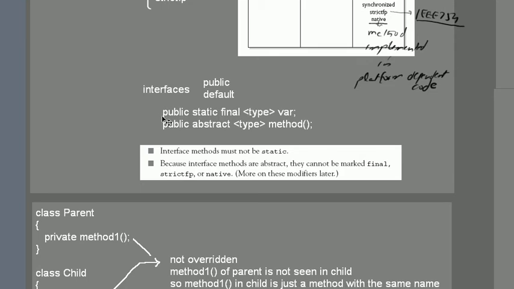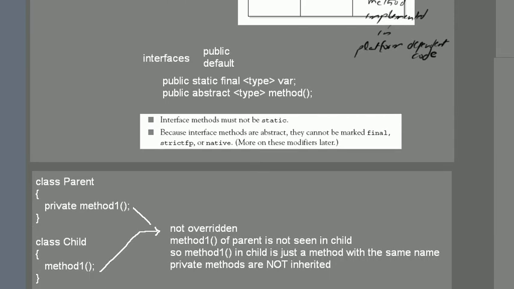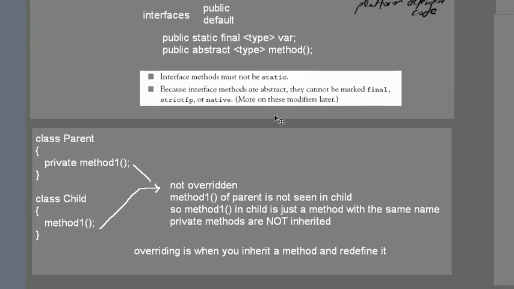Any variable declared within an interface is a constant, so they would have public static final modifiers attached to them. Methods are public and abstract. Interface methods must not be static, because interface methods are abstract. They cannot be marked final, strictfp, or native.